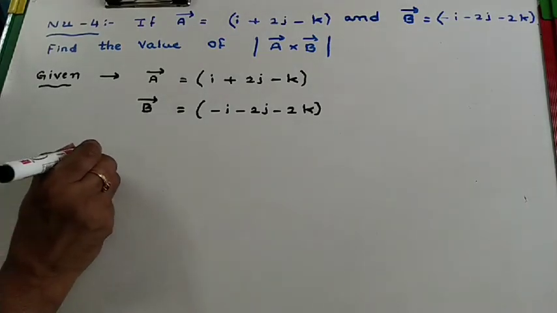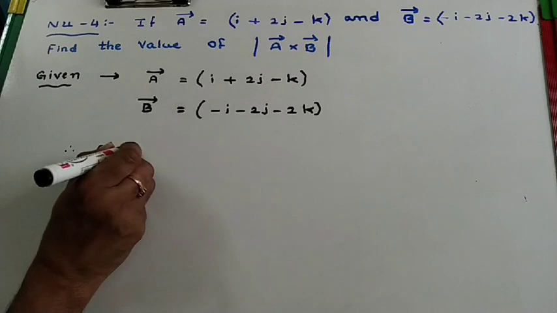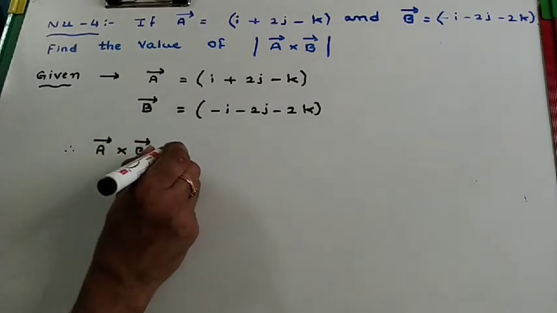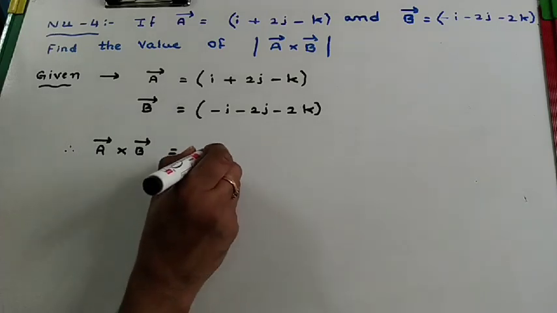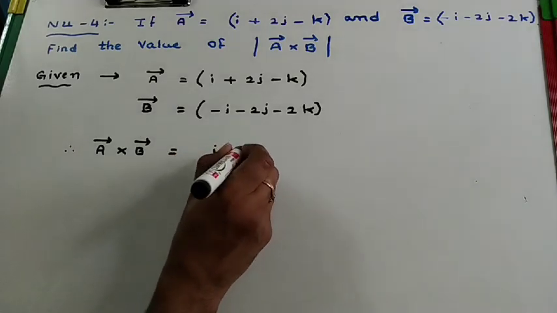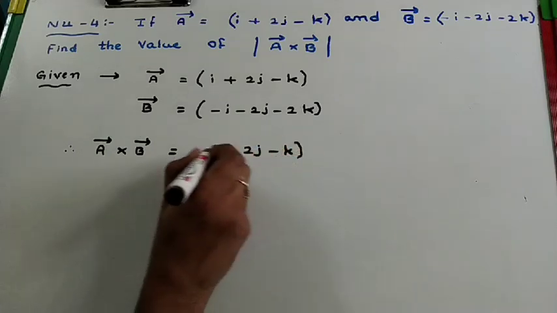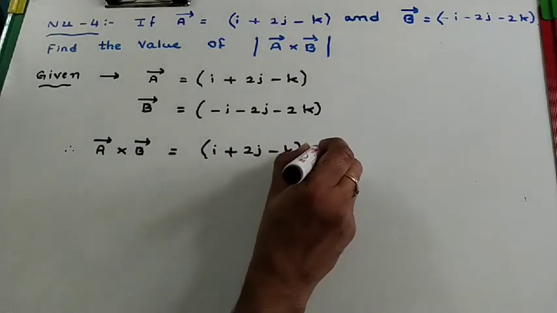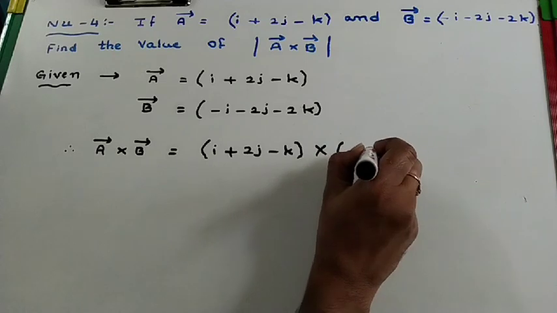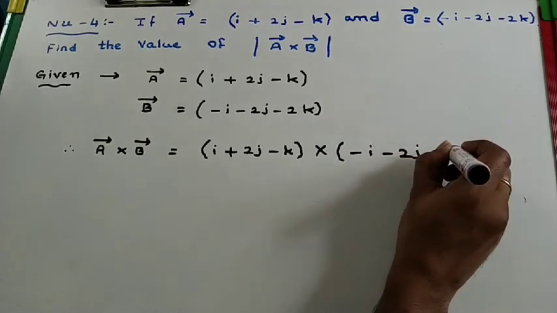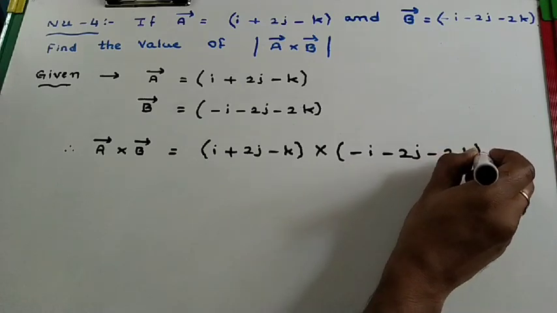Therefore, A cross B is equal to i plus 2j minus k into minus i minus 2j minus 2k.